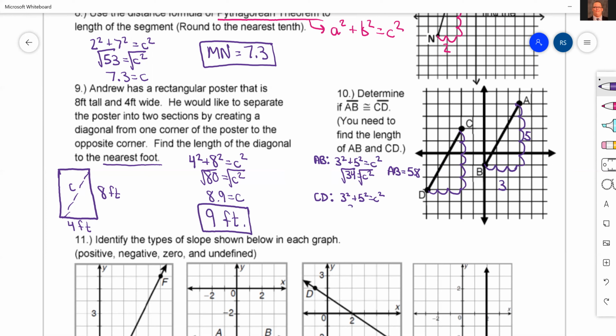By now you're probably thinking, wait, they did the same thing. You're right, but let's finish the process. So CD is also equal to 5.8. So what can we conclude? They're both 5.8, which means AB is congruent to CD.